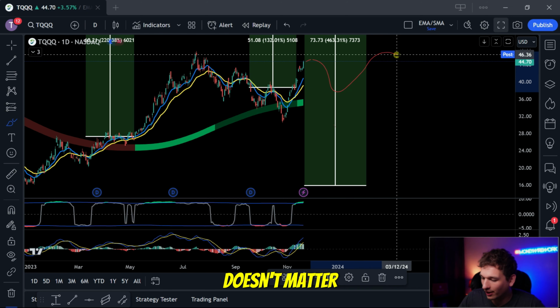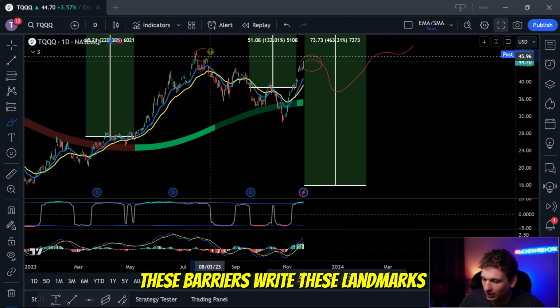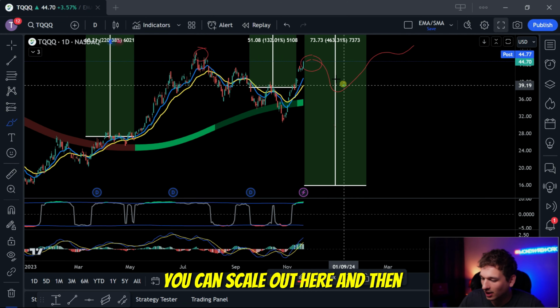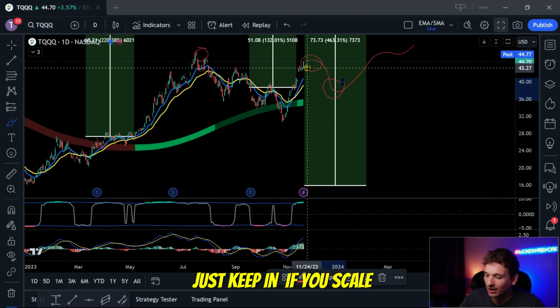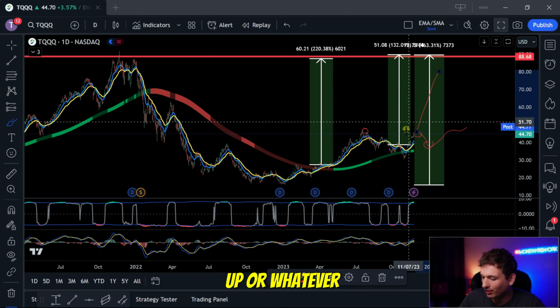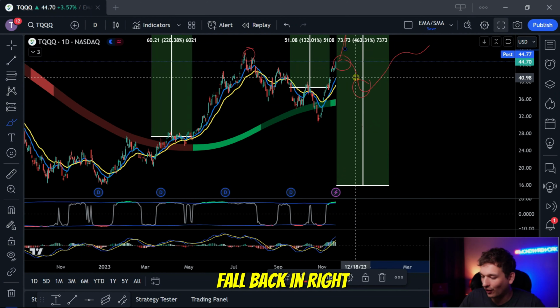And it can do whatever, doesn't matter. As it's approaching these barriers, these landmarks, you can scale out here and then scale back in here. Just keep in mind, if you scale out here, it can continue to go straight up, right? It doesn't matter.